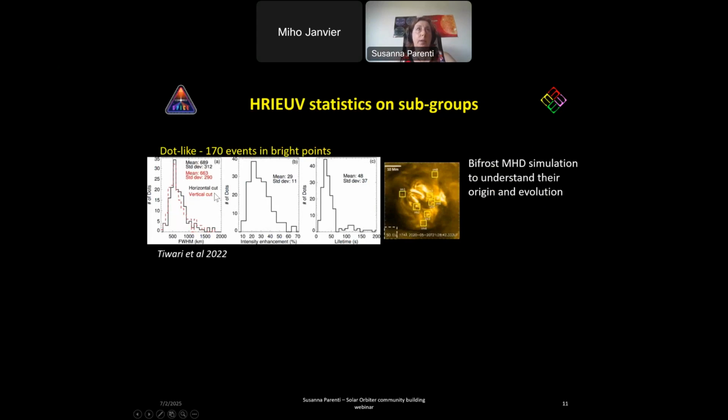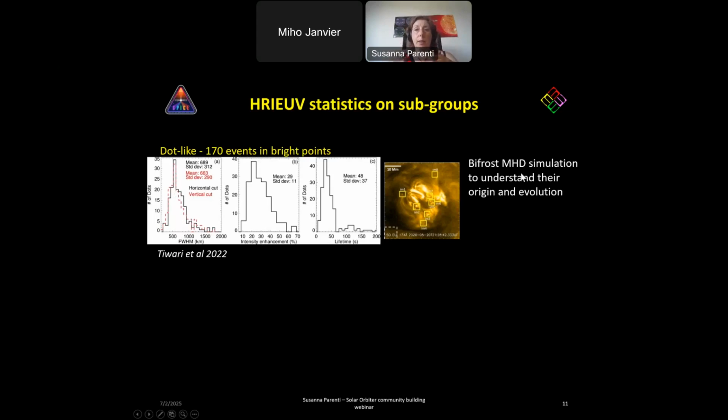They did a statistical work. You see you have the width, the full width at half maximum, which is a bit more than half a megameter, and then you have intensity and a lifetime of really less than a minute. They used this information and tried to simulate them with Bifrost.